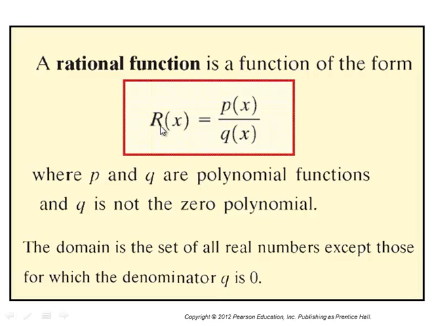where you have a rational function given by big R of x is equal to this fraction of polynomials, where P and Q are polynomials. And this rational function is going to be defined for all values of x, just like polynomials are defined for all values of x, with the caveat that we will exclude the zeros of the denominator polynomial.